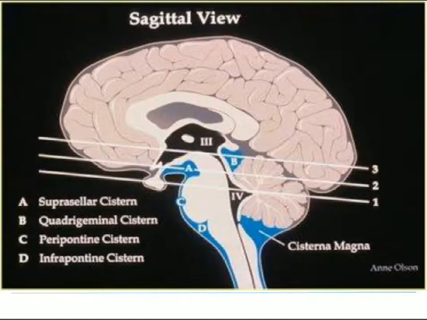So all the blue areas here are the various cisterns. They are formed by the subarachnoid space around the brainstem.